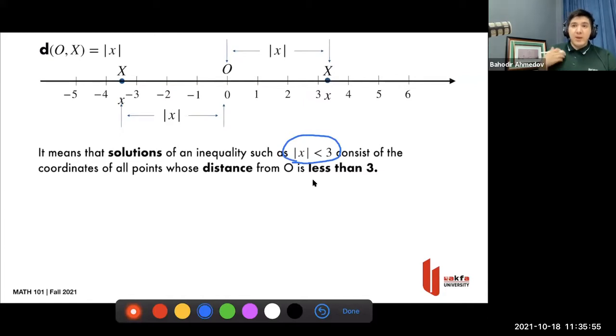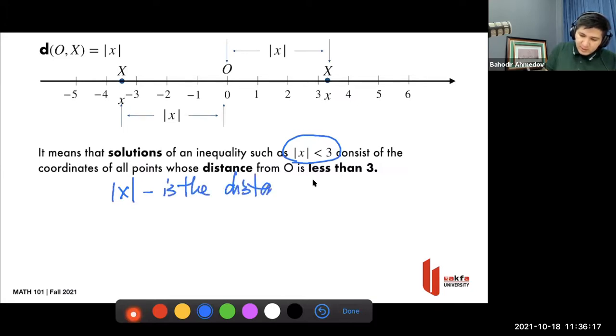Okay, and whenever I say the inequality, absolute value of x is less than 3, we can write this in terms of words. Whenever I say that the modulo of x is less than 3, it is such a value for x that the distance between this x and the origin is smaller than 3. Because do you remember, the modulo of x is the distance between x and the origin.